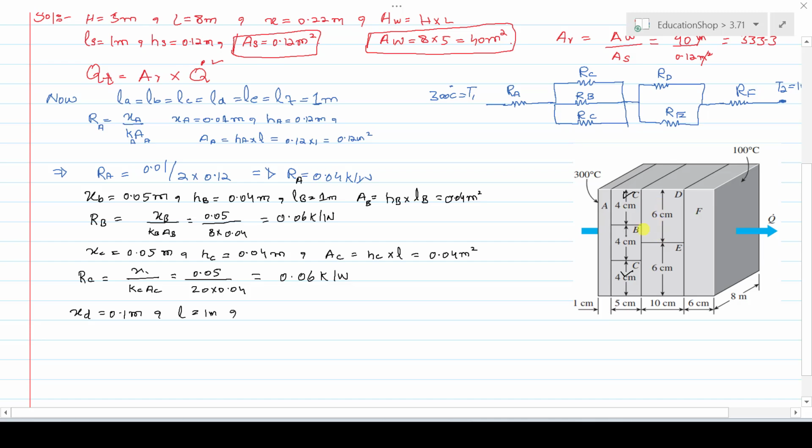Height is 6 centimeters, so HD is 0.06 meter, and the area of section D is equal to HD multiplied by L. Now the RD value is equal to XD, that is 0.1, divided by the value of KD, that is 15, given in the statement. You solve this on the calculator and you will get its value.